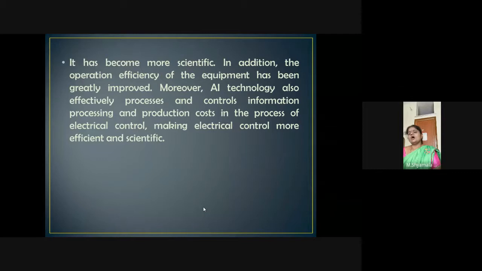In addition, the operation efficiency of equipment has been greatly improved. Moreover, AI technology also effectively processes and controls the information processing and the production cost in the process of electrical control, making electrical control more efficient and scientific.